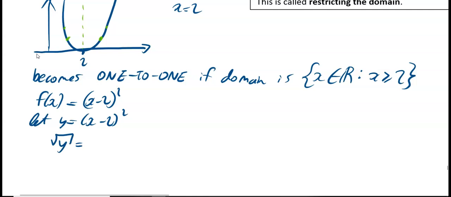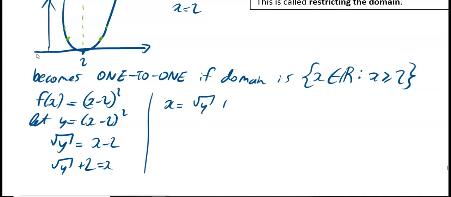So square root of y is equal to x minus 2, and then the square root of y plus 2 is equal to x. So x is equal to the square root of y plus 2, which means the inverse is f to the minus 1 of x equal to the square root of x plus 2, changing that y to be x. That's what we've got.